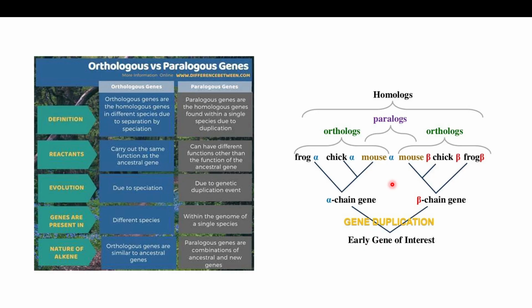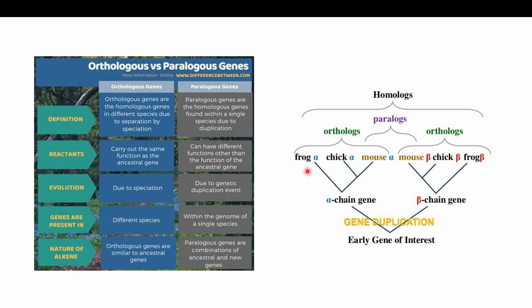Suppose there's a pair of homologous genes. Frog has the alpha form, chicken has the alpha form, and mouse has the alpha form. So these three have the chain of a particular gene, and another gene encodes the beta chain. In frog, chicken, and mouse, all the alpha chains are encoded, and in the same organisms, all the beta chains are encoded.